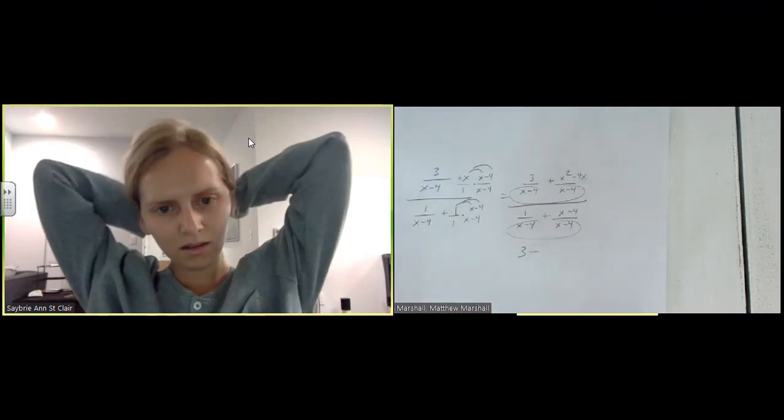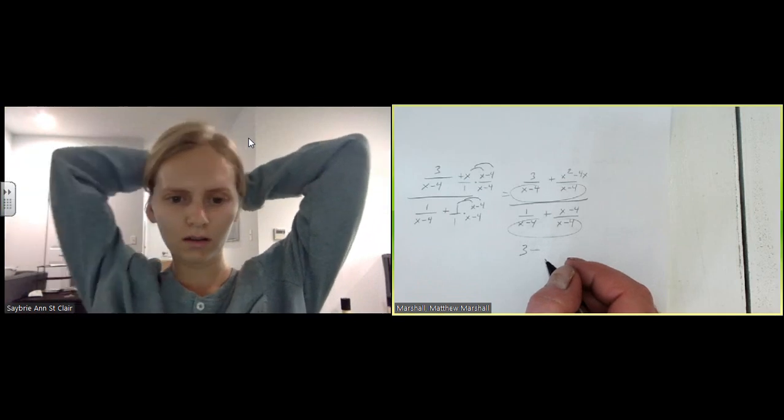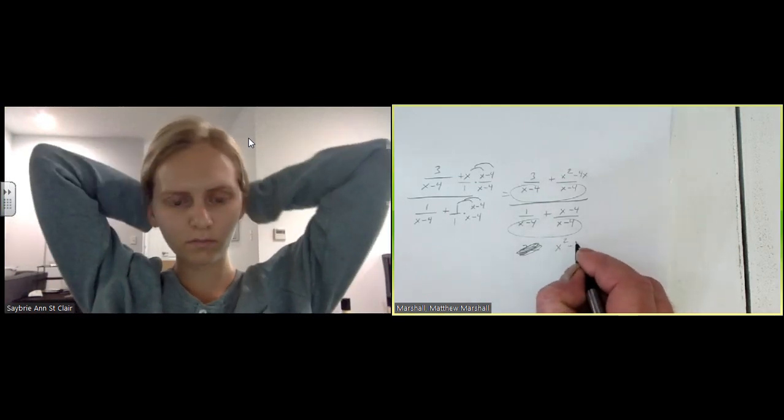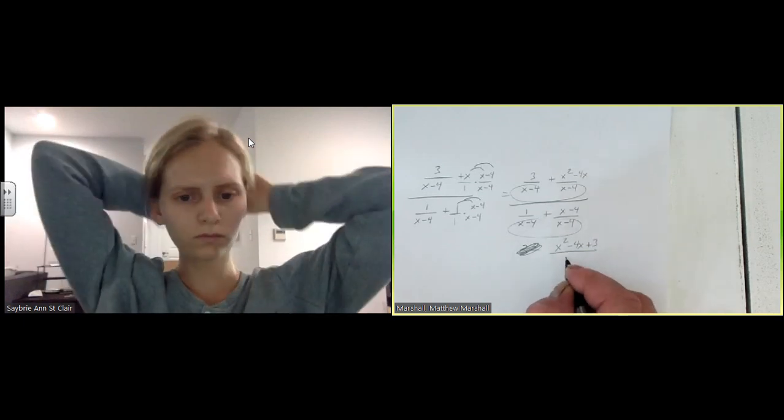Alright, so 3, let's write it like this. How about x squared minus 4x plus 3 over x minus 4.